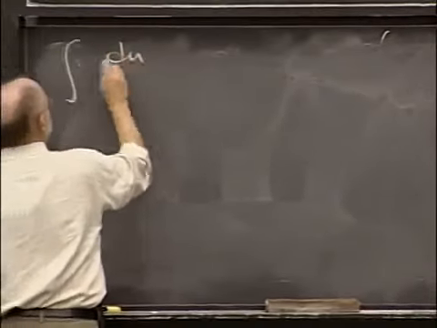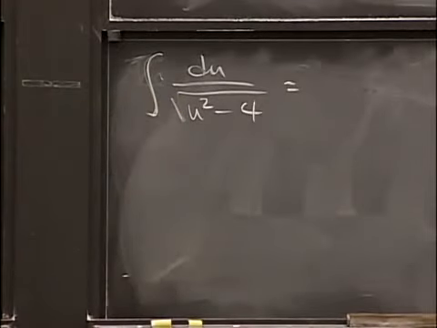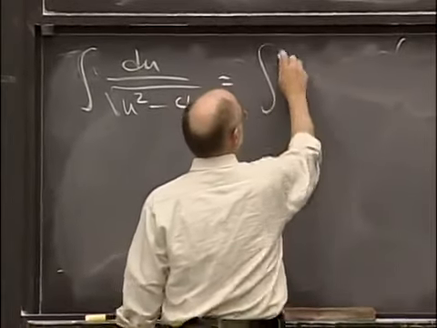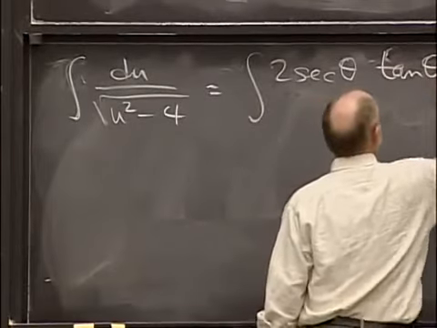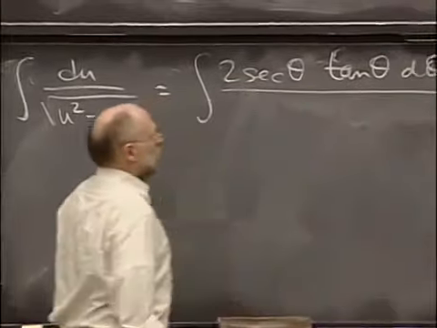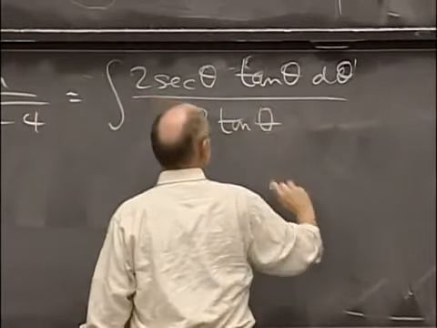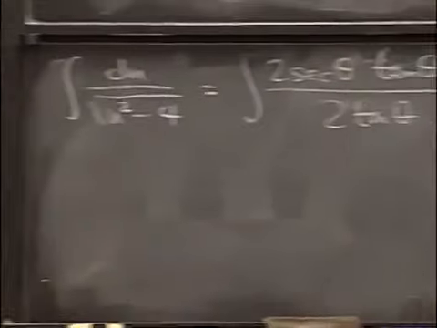So where I'm at is the integral of du over the square root of u squared minus 4. And I have all the data I need here to rewrite that in terms of theta. So du is 2 secant theta tangent theta d theta. And the denominator is twice the tangent of theta. Well, some very nice simplification happens here.